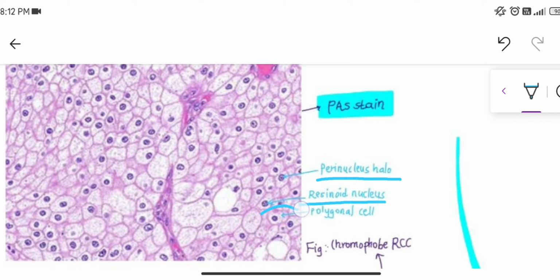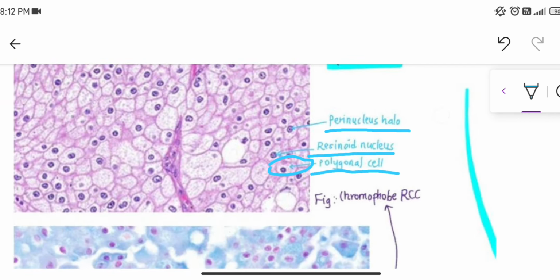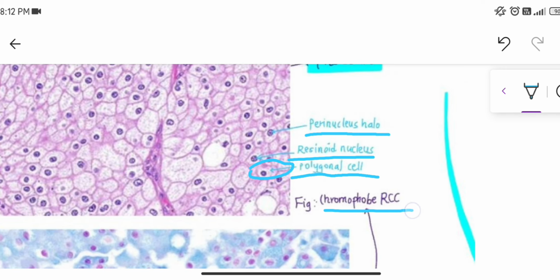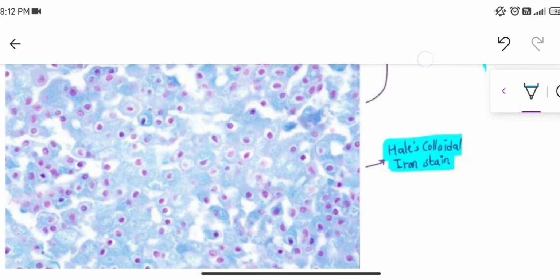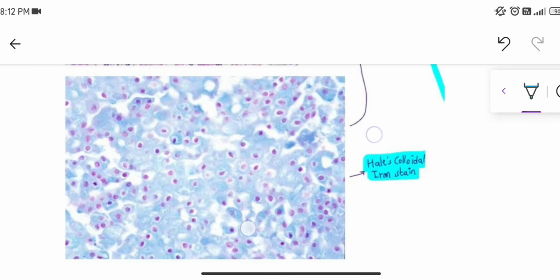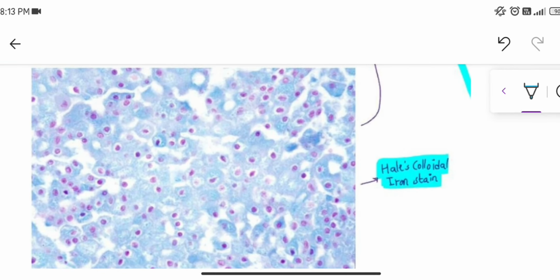The cells are polygonal in shape, just like the cells of a plant. You can see polygonal cells with raisinoid nuclei and perinuclear halo. This chromophobe renal cell carcinoma is stained with Hale's colloidal iron stain.